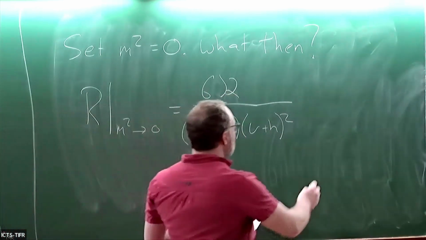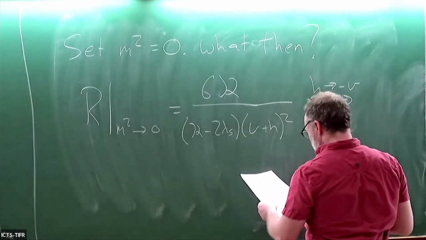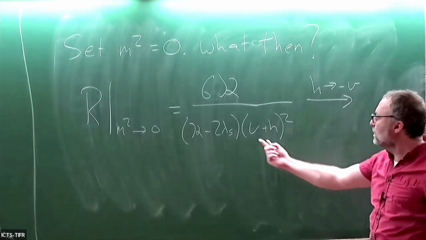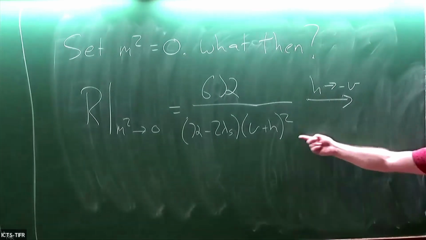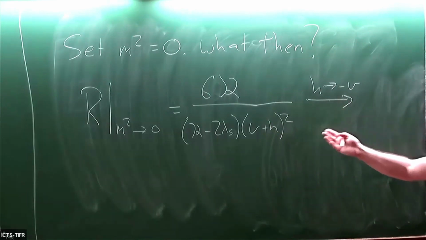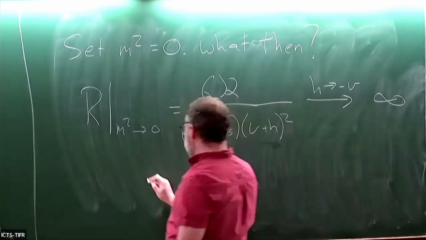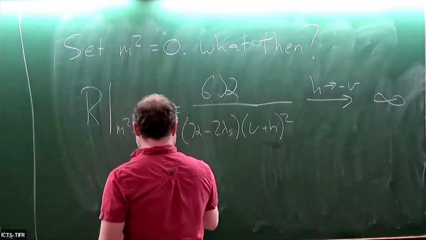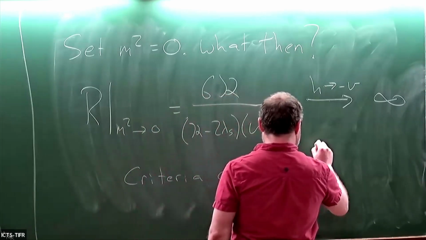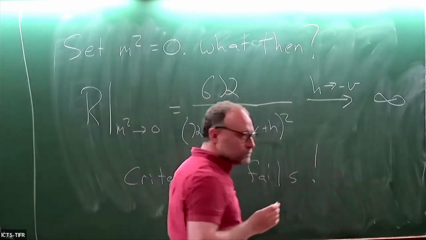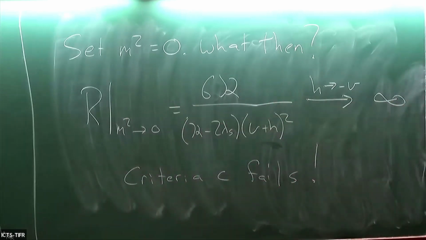And then if I send h to minus v, these are full of typos, there's a missing minus sign there. If I send h to minus v, then clearly I get infinity. So criteria C fails, and HEFT is required.